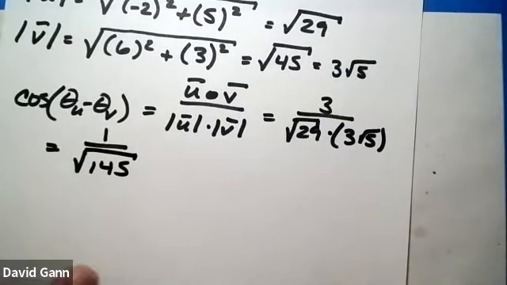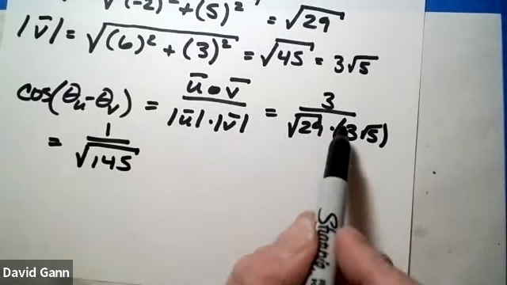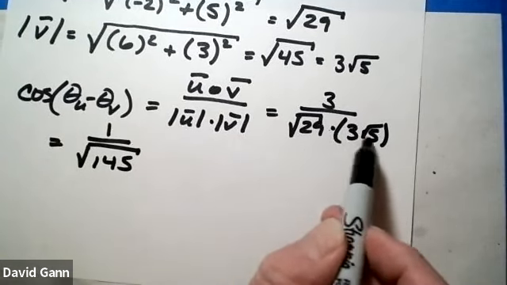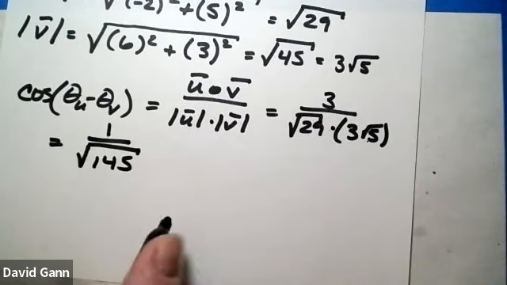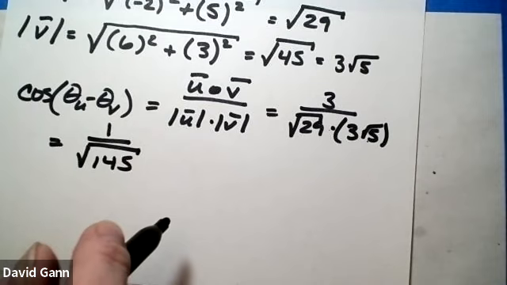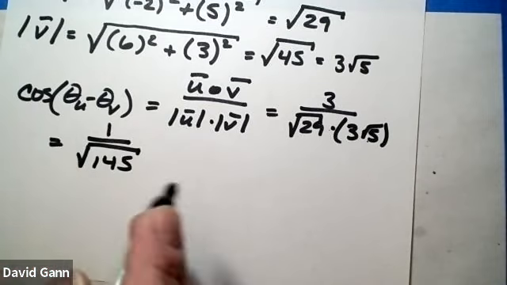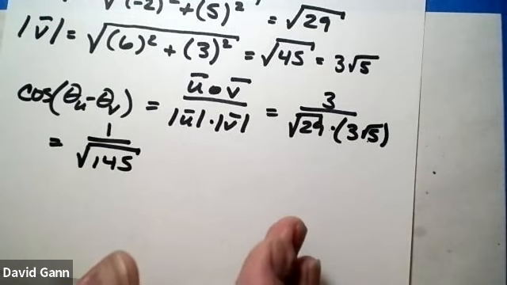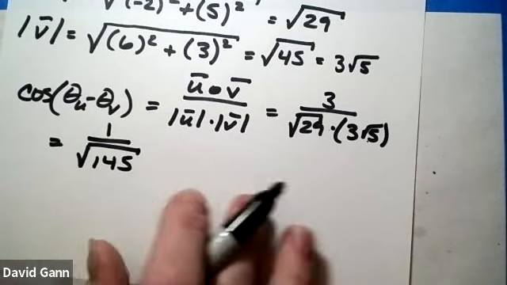I don't know that we can simplify that because it's a prime number times a prime number. But what we're doing here is verifying that this is in the range of inverse cosine, and it's in the range of cosine. And so we can take the inverse cosine of both sides, which in fact it is.